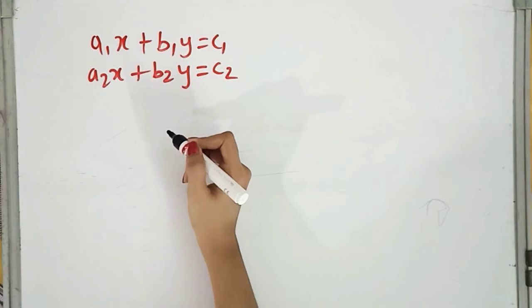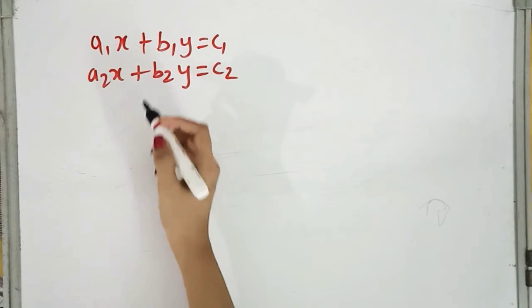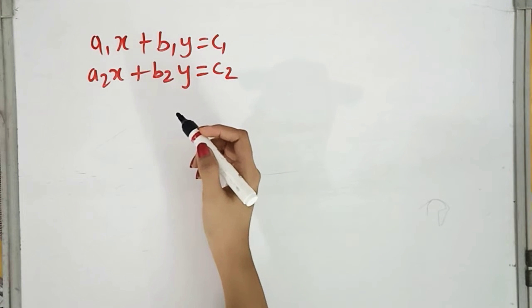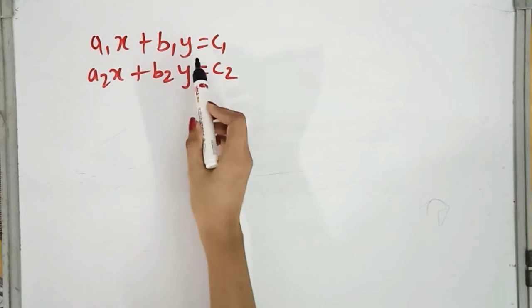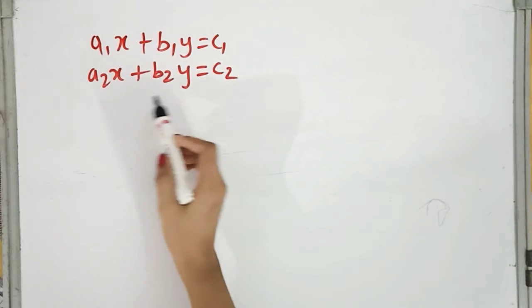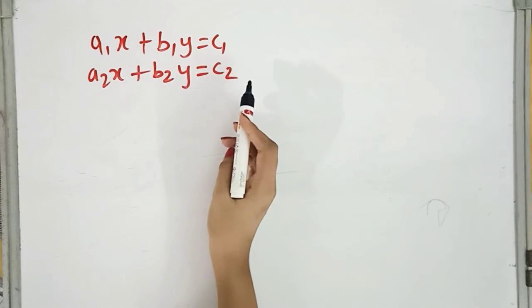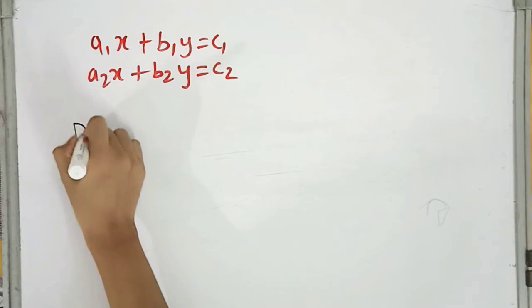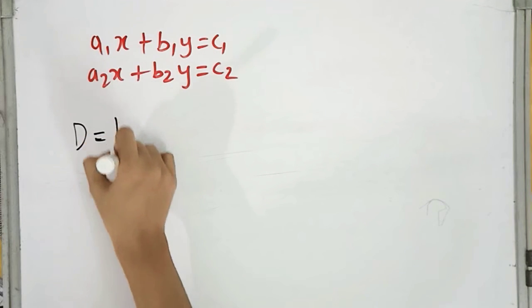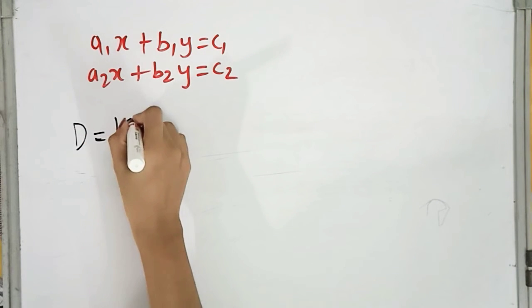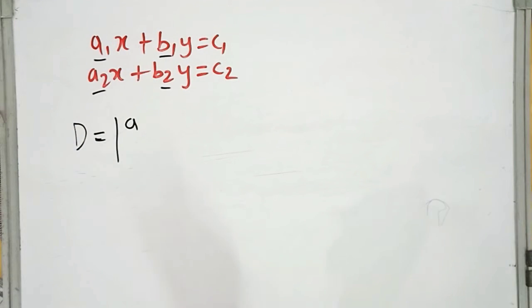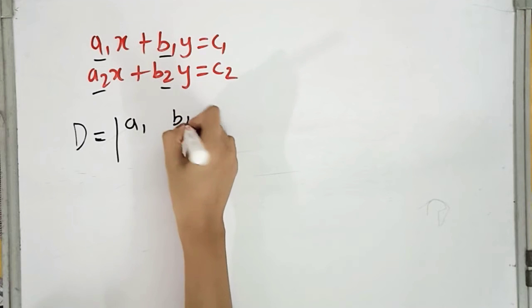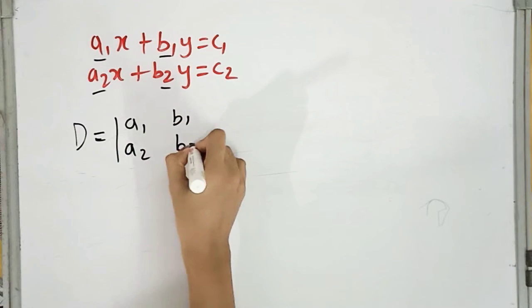Now let's see how to solve simultaneous equations using determinants or Cramer's rule. Suppose there are two equations, a1x plus b1y equals c1, a2x plus b2y equals c2. First, determinant D is equal to, we take the coefficients of x and y, that is a1, b1, a2, b2.